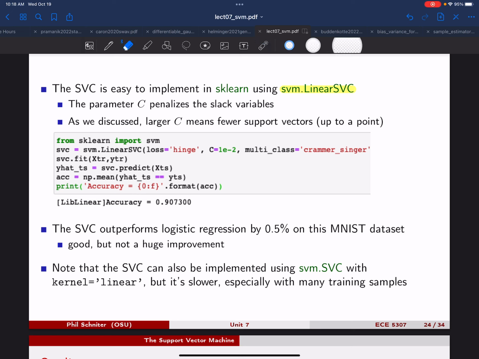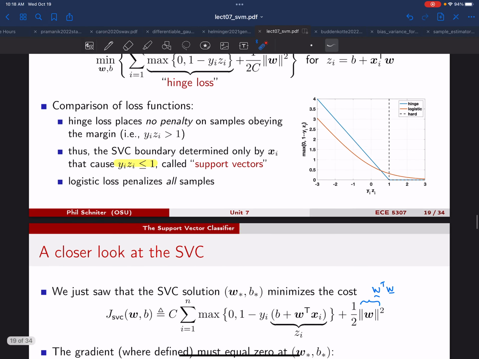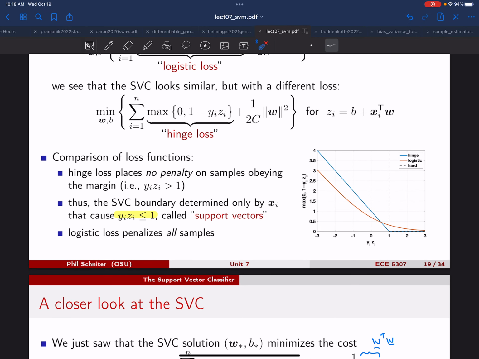Okay, so here's when we instantiate this linear SVC. First, we have to tell it what loss function we want to use. And interestingly, the hinge function is the one that we have been discussing over these last few slides. Interestingly, that is not the default option for the loss in sklearn. The default option is actually the squared hinge.